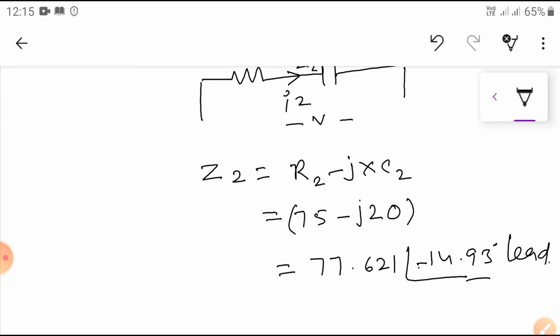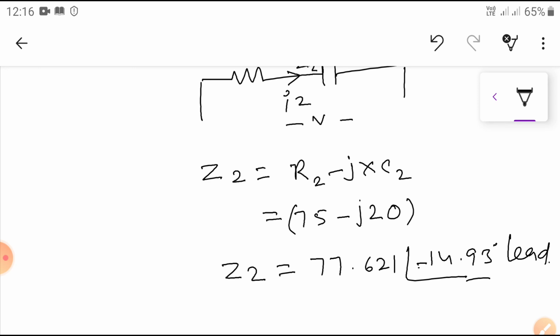Now based on this value, this is the Z value, no? So I get the Z value. Now this is Z2.